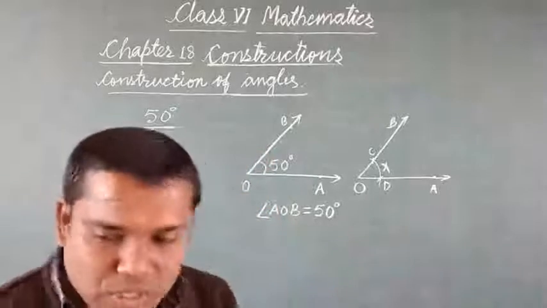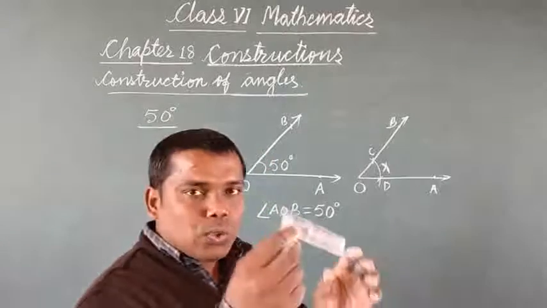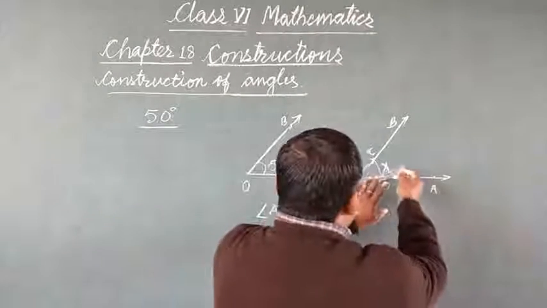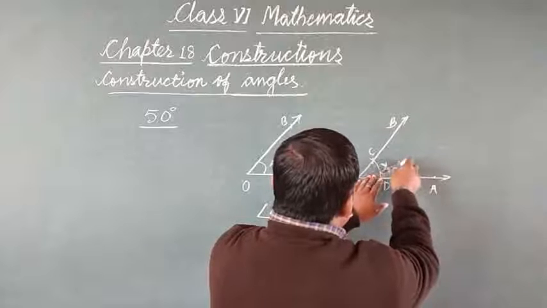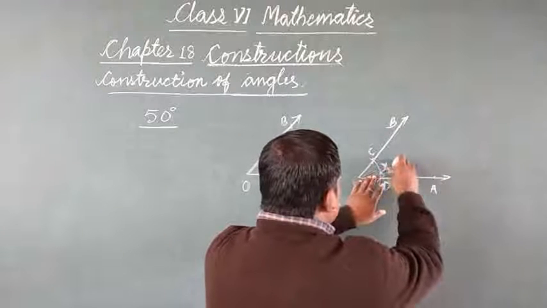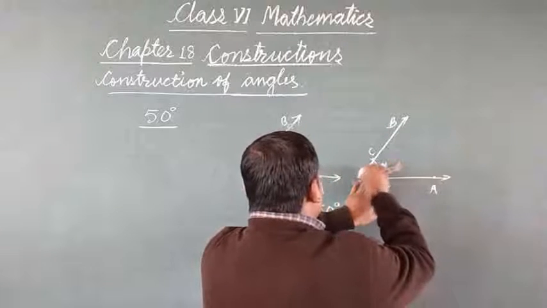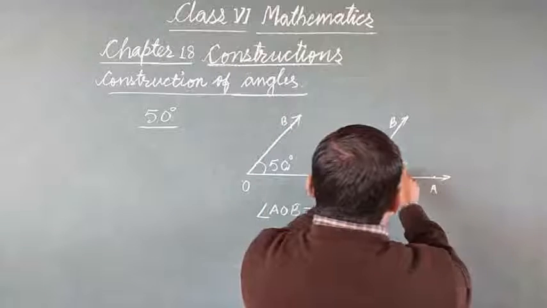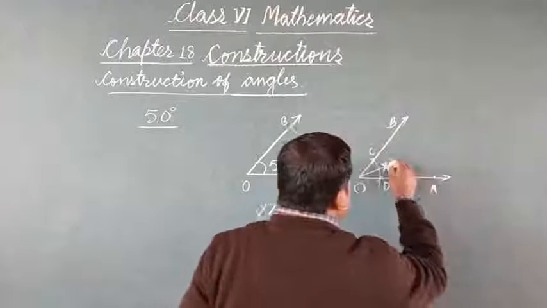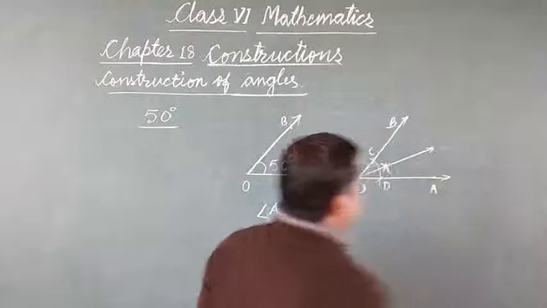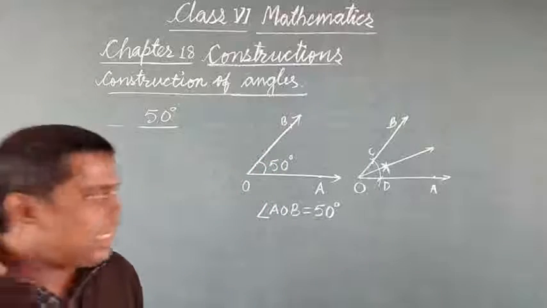Now I will take a ruler, and with point O and the point where the two arcs meet each other, I will draw a line segment and then extend it to make a ray.